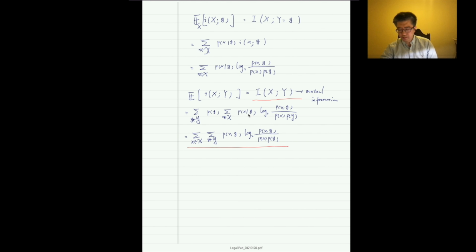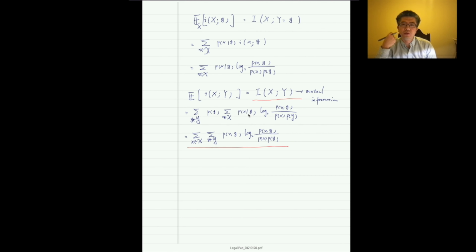Okay, entropy and the mutual information might be the two most important measures in information theory, right? So let's recall. Entropy basically means the uncertainty of a source, or the uncertainty of a random variable x.